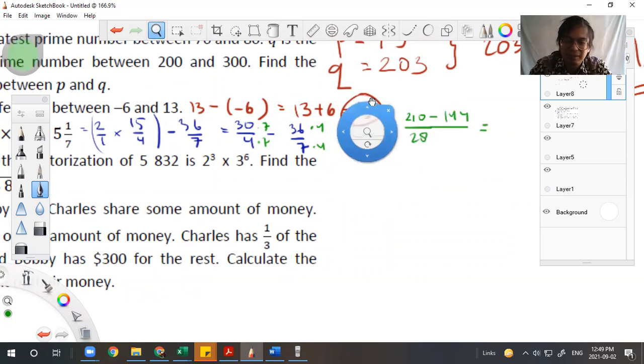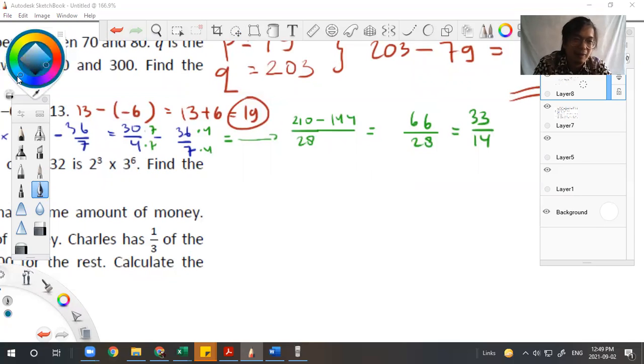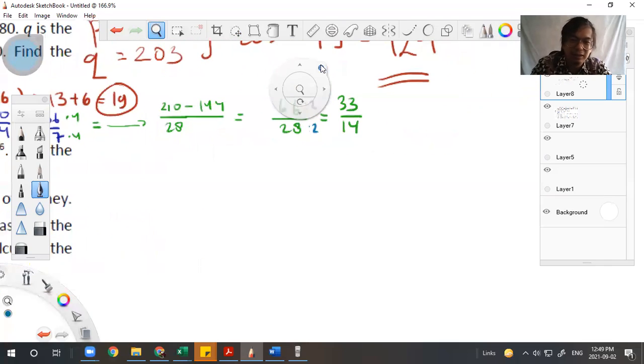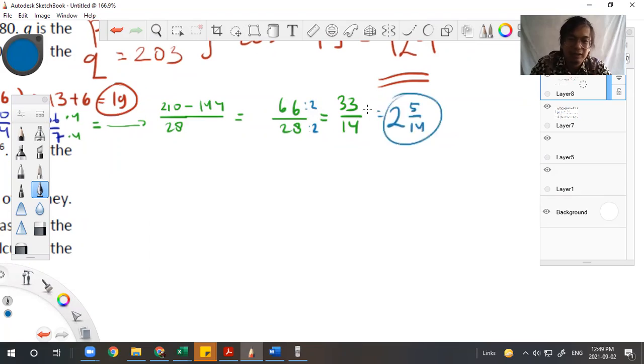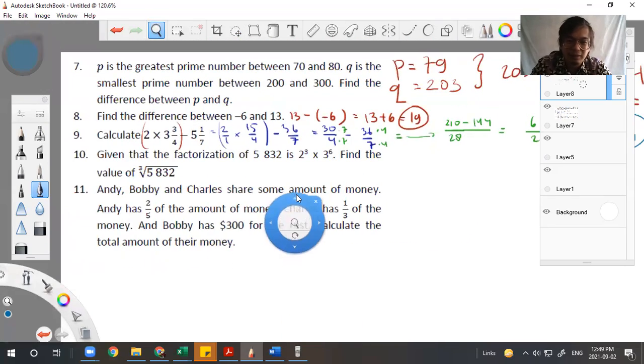The answer will be simply put like this: 66 over 28. And then we can simplify 33 over 14, right? Why? Because you can divide this by 2, divide by 2, and the answer will be 2, 5 over 14. Okay, and that's for number 9.